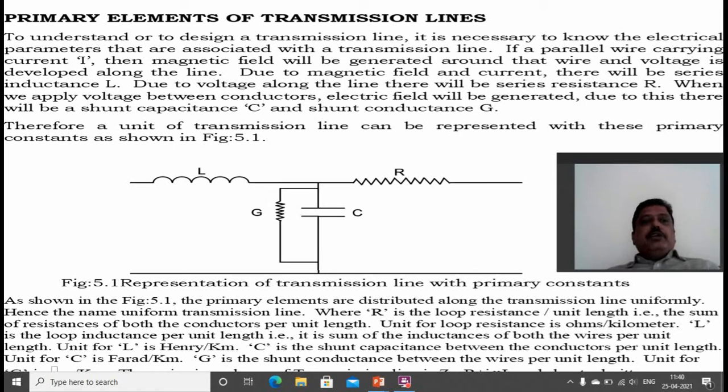Let us start the fifth unit, where we will be studying transmission lines. In the first unit we studied electrostatic fields, in the second unit magnetostatic fields, and in the third unit time varying electromagnetic fields.